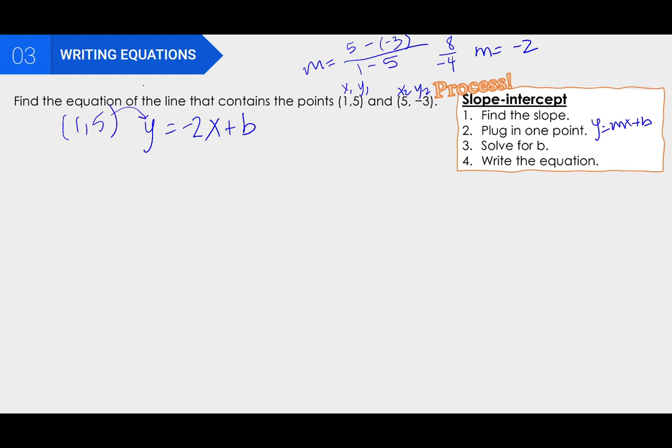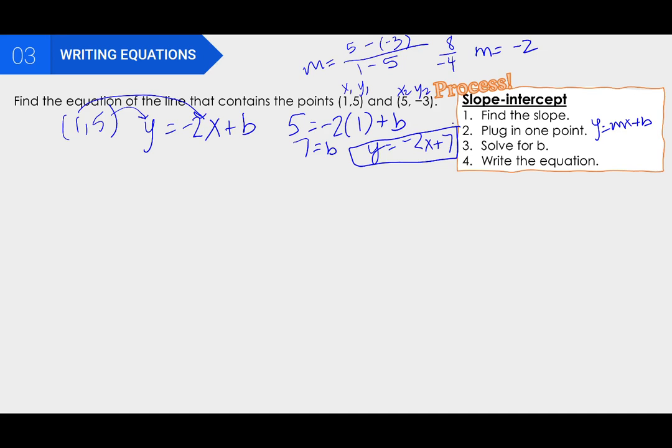So 5 is y, and 1 is x. And negative 2 times 1 is negative 2. Add 2 to both sides. 7 is b. Solve for b, that was step 3. Write the equation is step 4. So y equals my slope and my b. And there we go. y equals negative 2x plus 7.